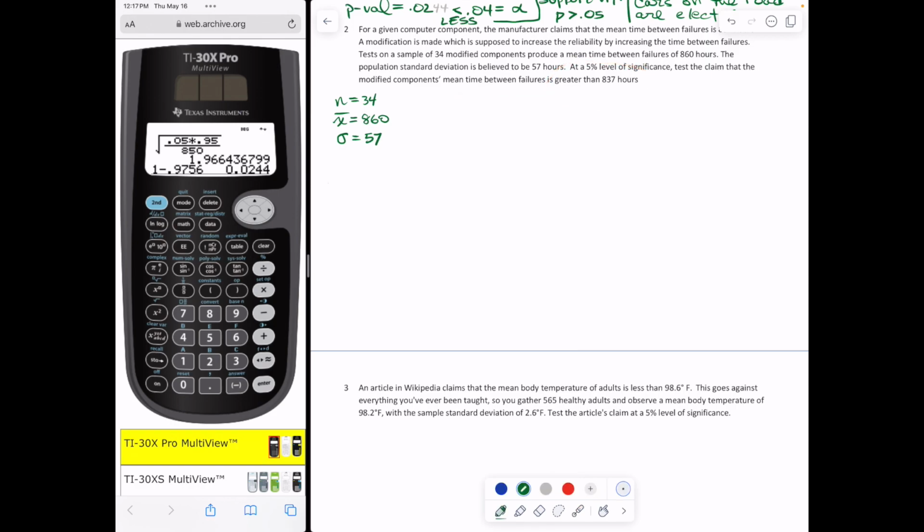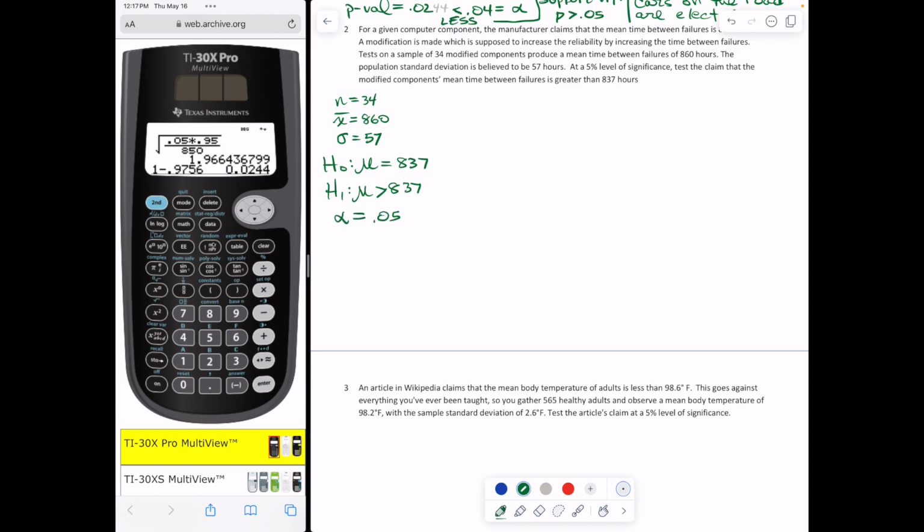So that's an alternative hypothesis, that the mean is greater than 837. Okay, the null hypothesis would just change that to an equal sign, that mu is equal to 837, like that. Okay, so let's go back, and it gives a 5% level of significance. Let's make a note of that. So our alpha is 0.05.